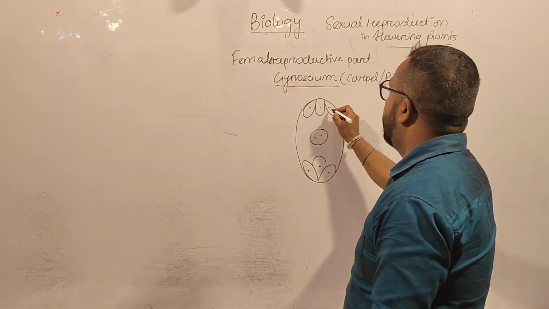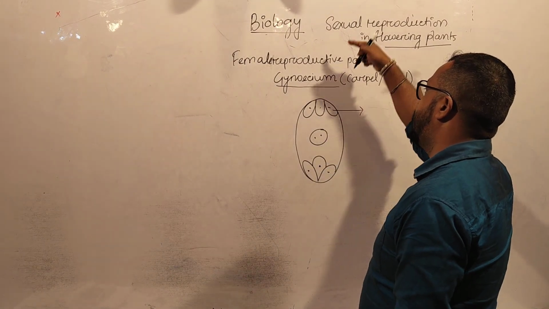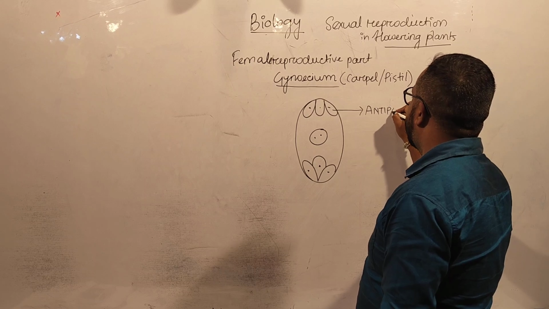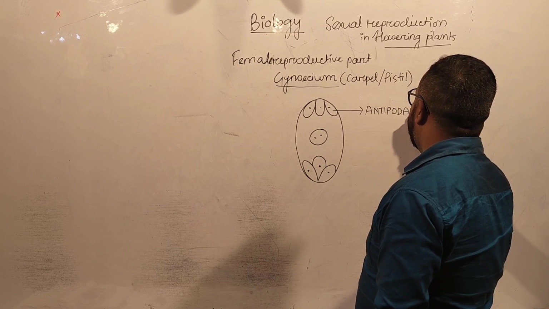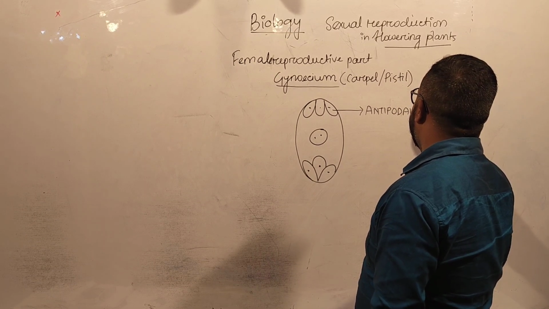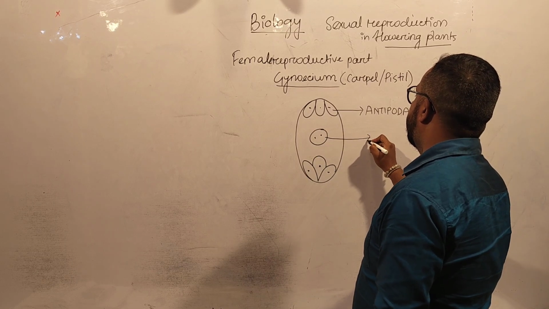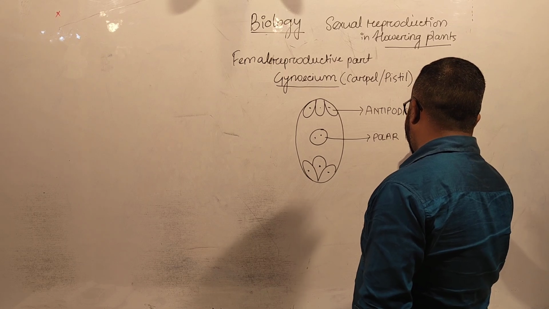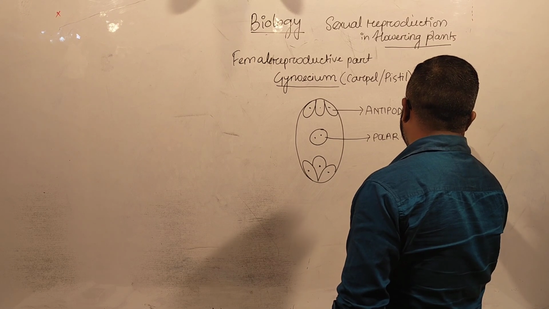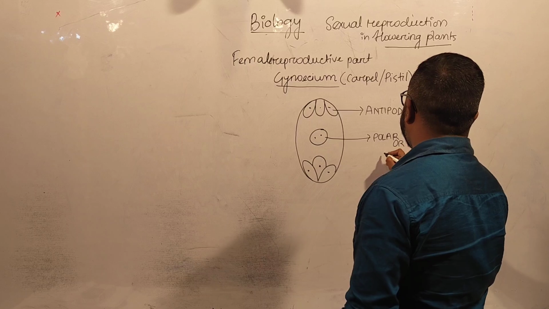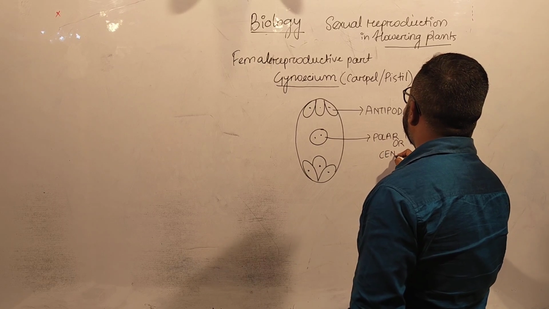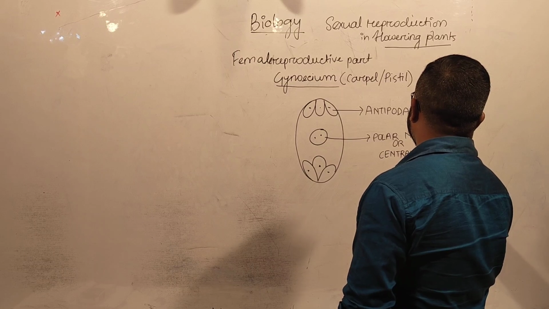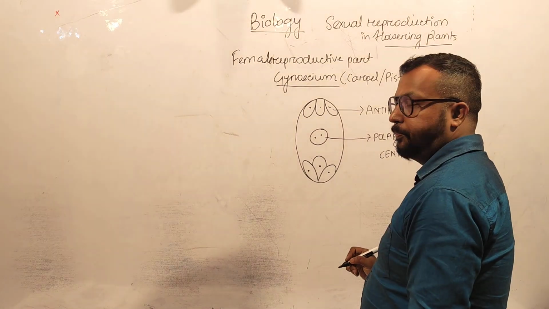The cells at the chalazal end are called antipodal cells. This is the polar nuclei, or central cell. This is called the central cell.